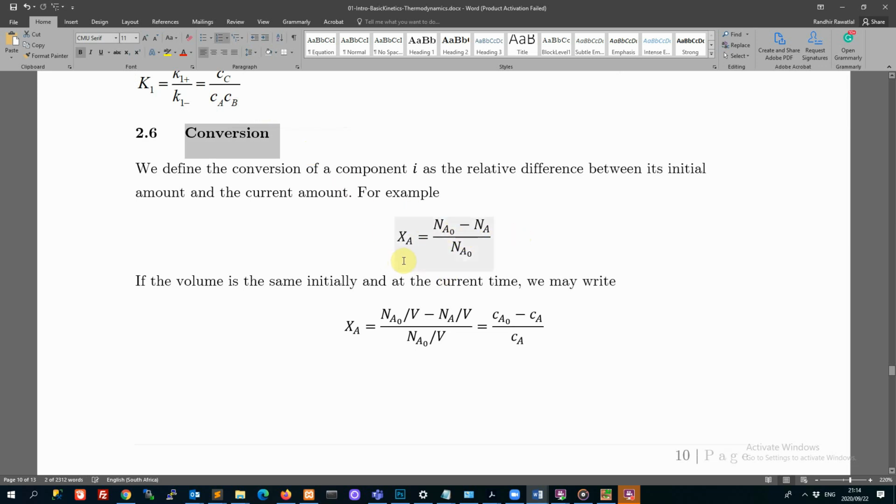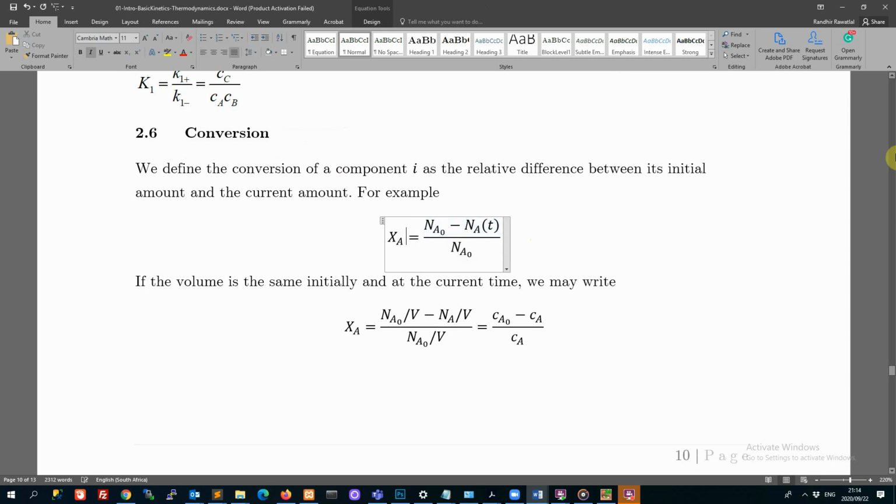We can define the conversion of a component A. If we imagine component A in some reactor, we start out with a certain initial amount of A, and then as time goes on and A gets converted, currently at some time t, let's write this in terms of time, we only have NA at the current time t. So then we just define the conversion as NA naught minus NA over NA naught.